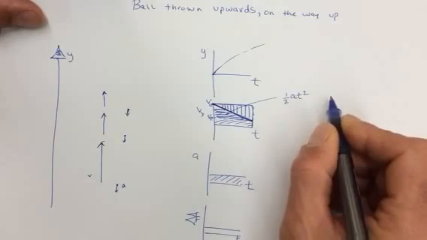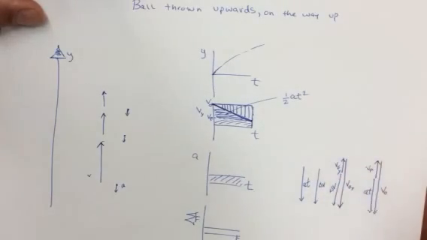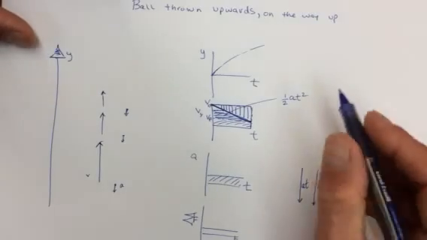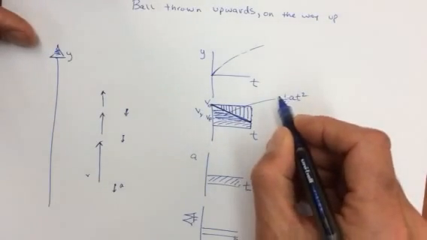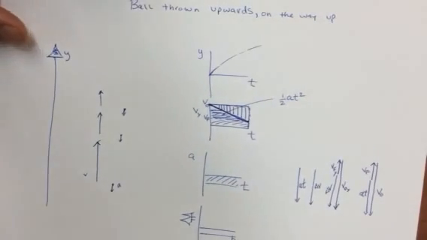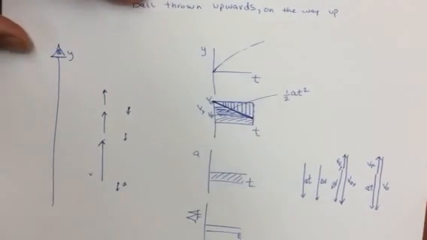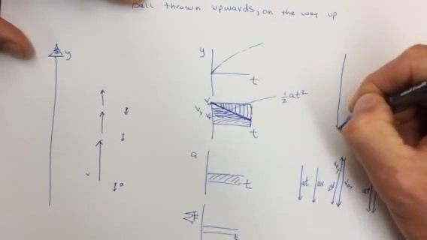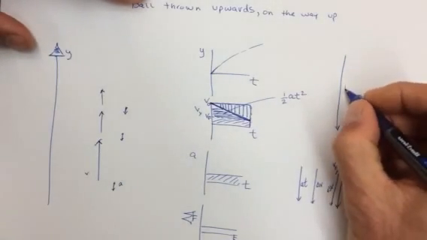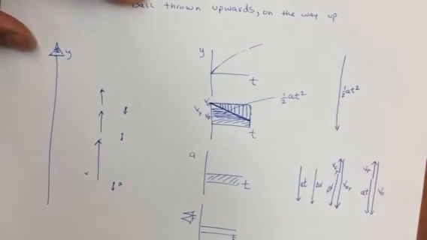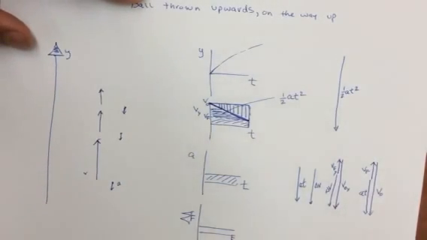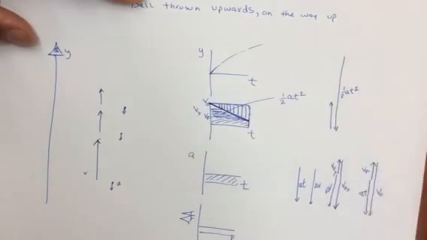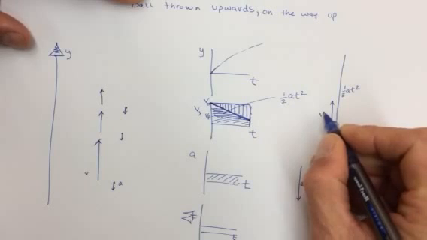So what I could say is that v naught t minus 1/2 AT squared will do it. That makes sense because my acceleration is down, so 1/2 AT squared is down, but my initial velocity is up.